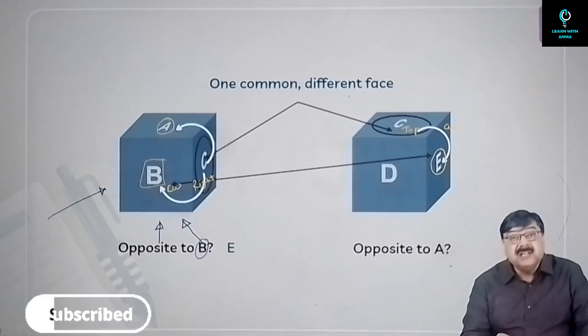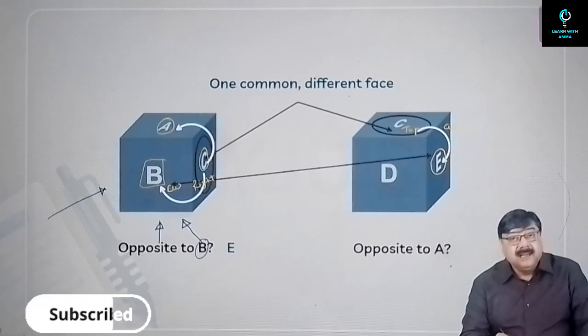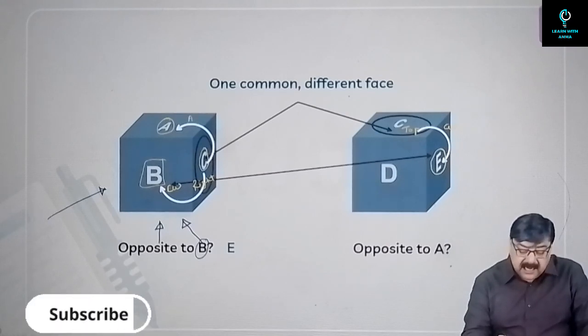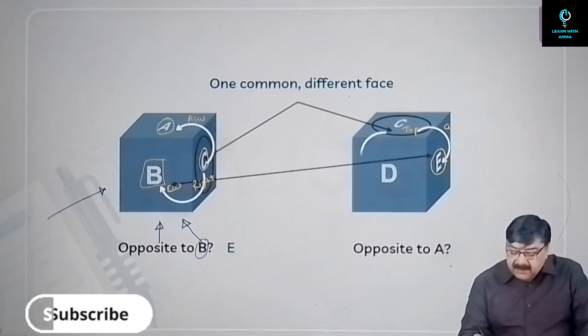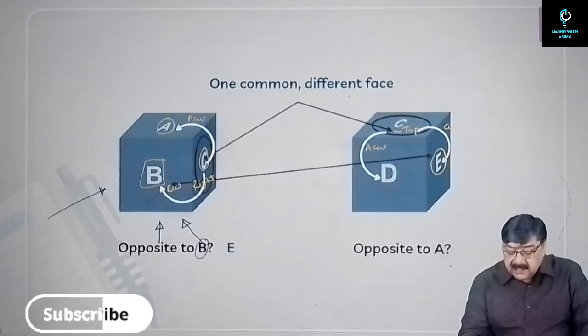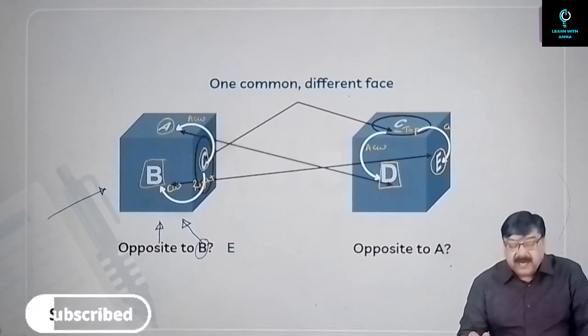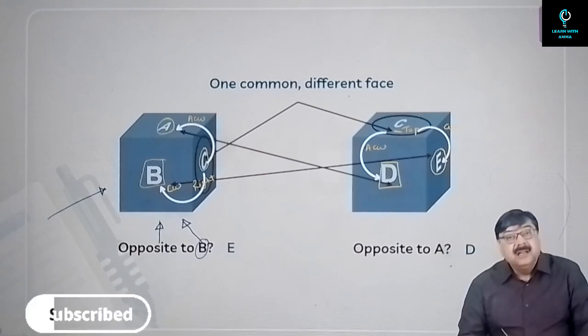So in which direction is letter A given to you in the question from the common letter C? Well, it is in the anti-clockwise direction. So we will trace the same anti-clockwise direction from the common character C to get our answer here as D. So A is opposite D. That should be the answer.